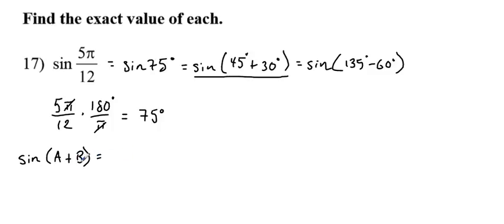All right, so from our formula sheet, we know that the sine of A plus B is going to be the sine of A times the cosine of B plus the sine of B times the cosine of A.